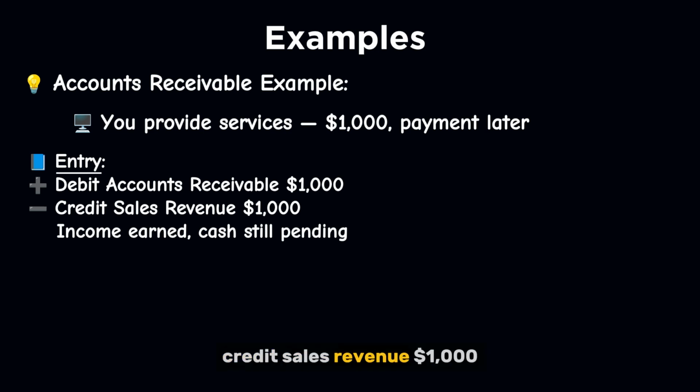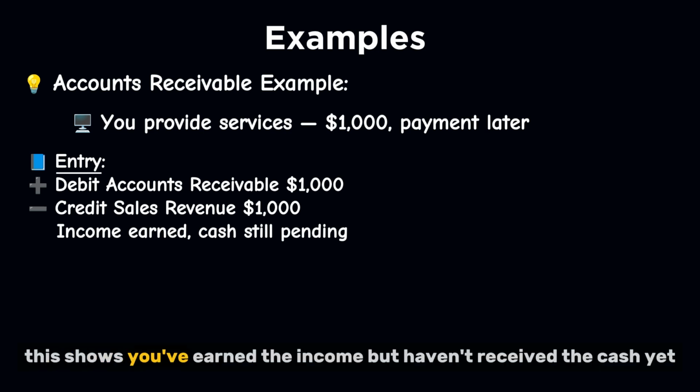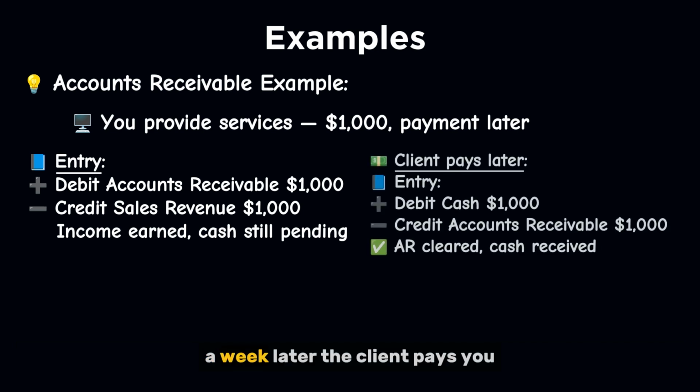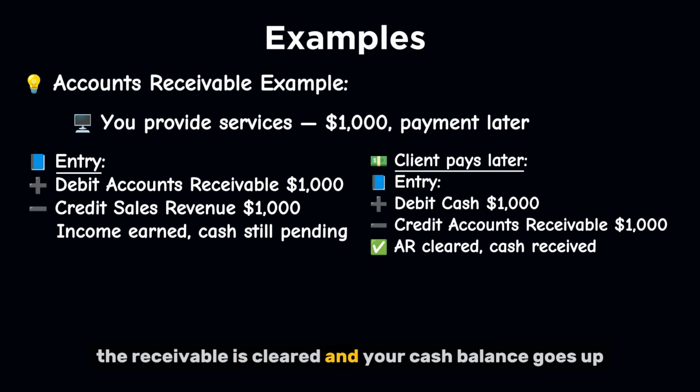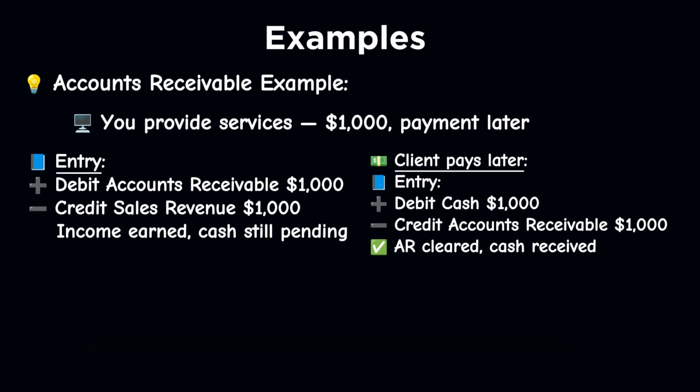Credit, sales revenue, $1,000. This shows you've earned the income, but haven't received the cash yet. A week later, the client pays you. Now you update your books like this. Debit, cash, $1,000. Credit, accounts receivable, $1,000. The receivable is cleared and your cash balance goes up.